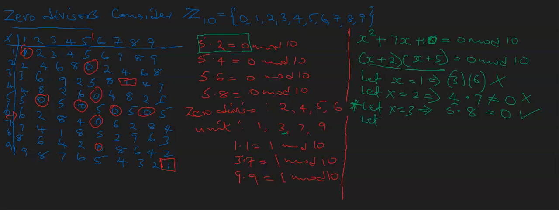If we let x equal to 4, we shall get 4 plus 2, 6 times 9. Again, 6 by 9 is not 0 mod 10. In other words, x cannot be 4. Again, let x be 5.